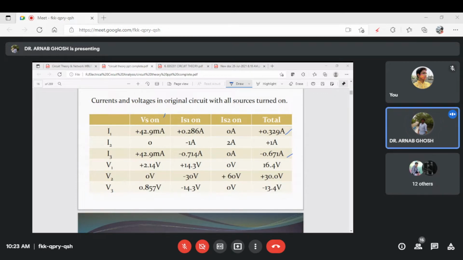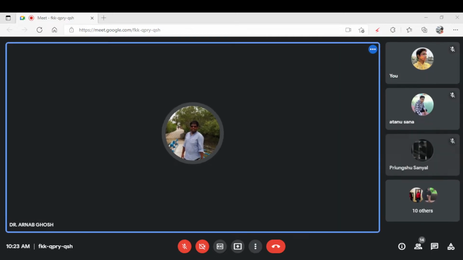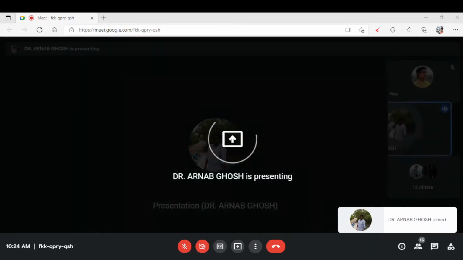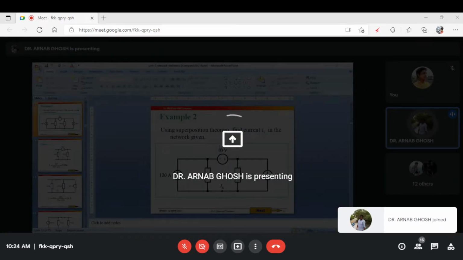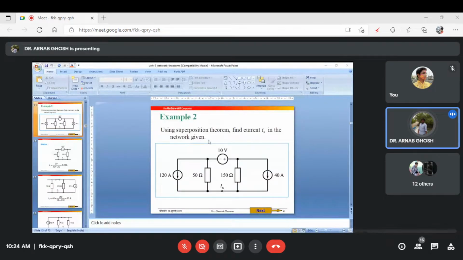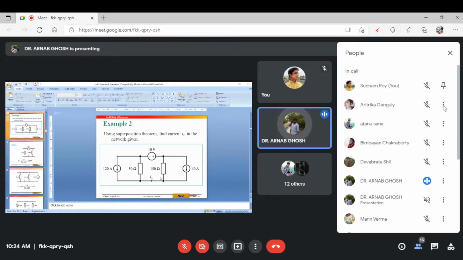Okay. So what I am doing, I am giving you a problem. So you try to solve this problem then. You use superposition theorem to find out this branch current Ix. Use superposition theorem to find out the branch current Ix.